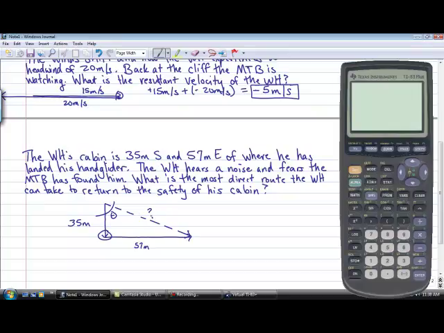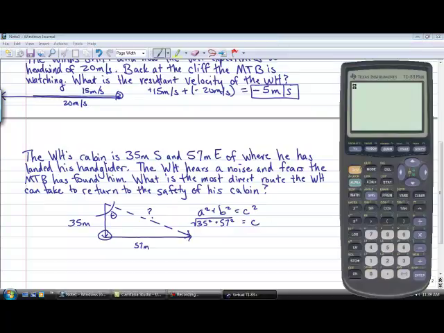Okay, first things first is to find the hypotenuse. To do that, we use Pythagorean theorem, which is a squared plus b squared equals c squared. So if we take the square root of a squared plus b squared, we'll get c. So 35 squared plus 57 squared, take the square root of that, we'll get our value for c. Come over here to the calculator.